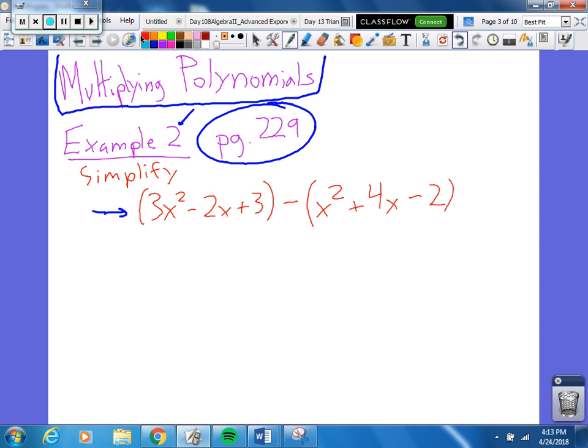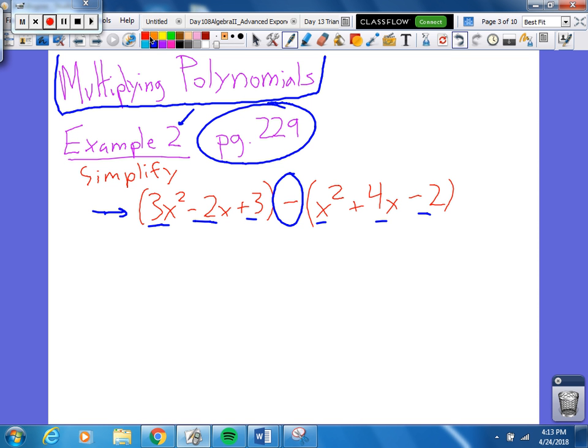This is a polynomial because it has more than one term. This has 1, 2, 3 terms. This has 1, 2, 3 terms. So, multiplying polynomials, what we're doing here is we're actually multiplying by -1. We're not doing the box method here because we're not multiplying, we are subtracting. That subtraction says we need to distribute.